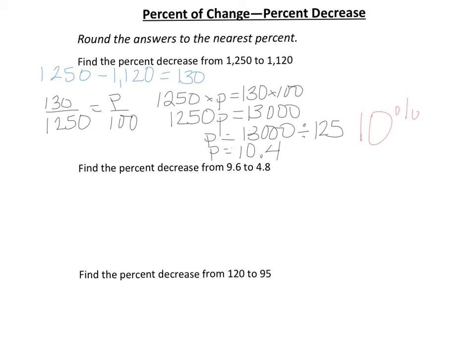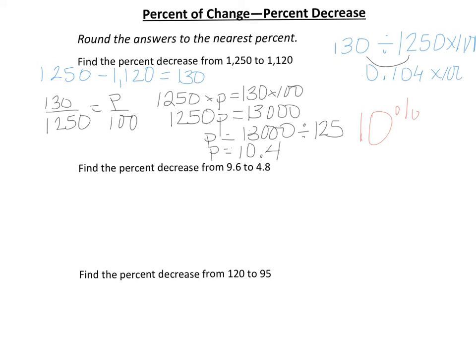If we chose to do this in an equation, if that's your preferred method, we still have to do the subtraction to get 130 divided by the original amount of 1,250, then we multiply by 100. 130 divided by 1,250, because we're going to pretend we don't have a calculator that does order of operations, is 0.104.